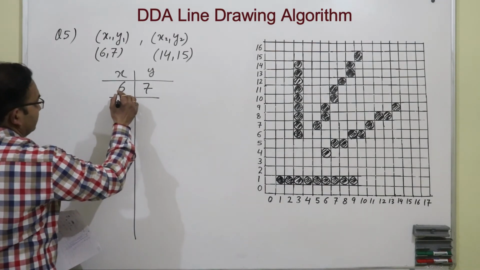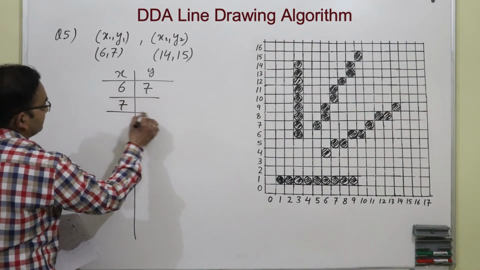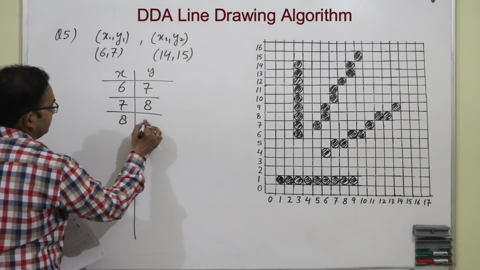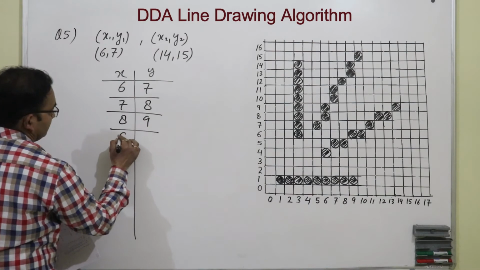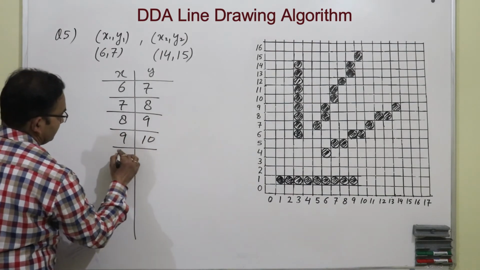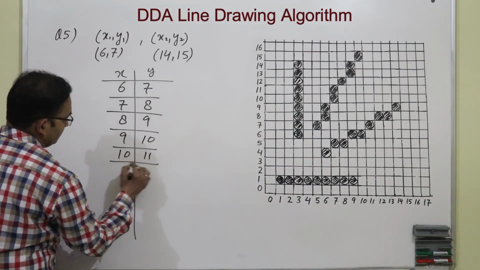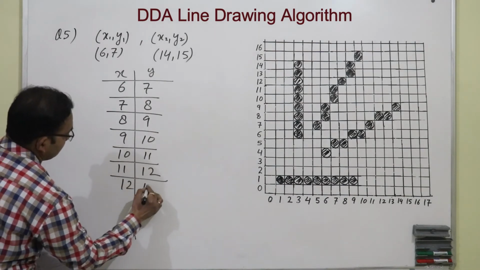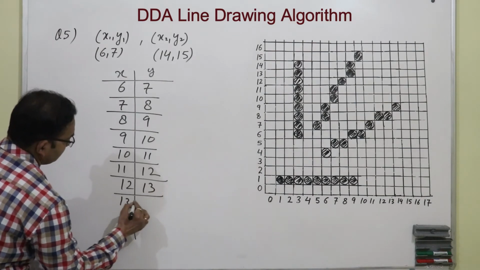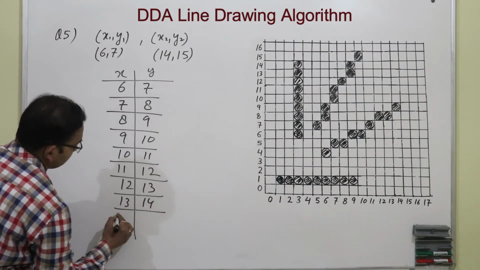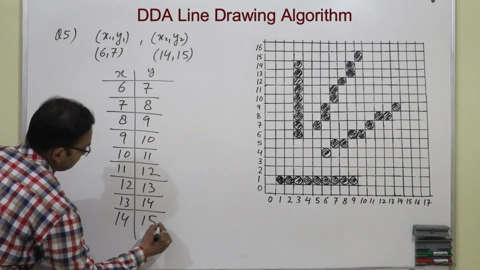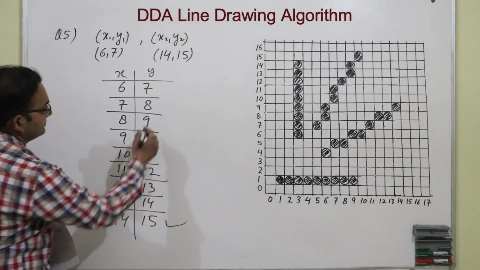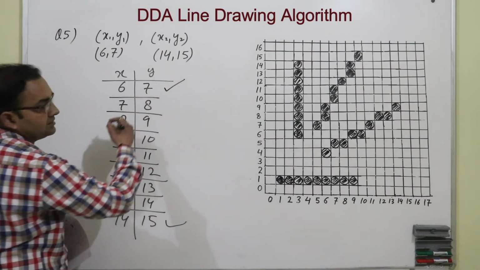So after 6, 7 will come 7, 8, then 8, 9, 9, 10, 10, 11, 11, 12, 12, 13, 13, 14, 14, 15. So this is the last coordinates. This is initial coordinates.